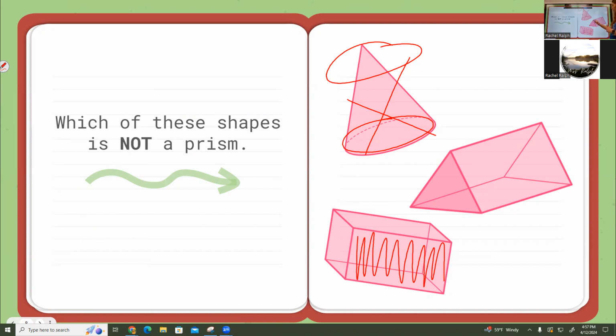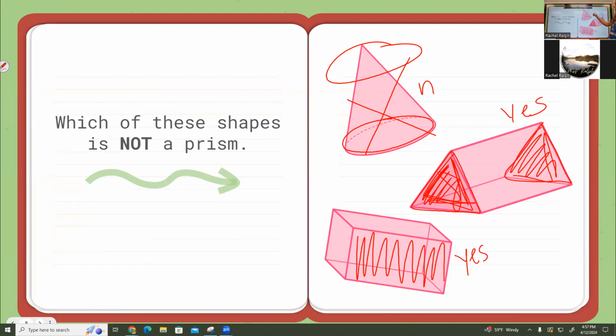This triangle here, we have a triangular prism. There's a triangle on this side, and we can see in the back the same size triangle. So, yes, yes, no, not a prism. We'll talk about cones another day, but today, just prisms.